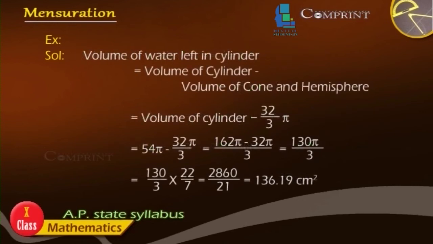Volume of water left in cylinder is equal to volume of cylinder minus volume of cone and hemisphere is equal to 54 pi minus 32 pi by 3 is equal to 162 pi minus 32 pi by 3 is equal to 130 pi by 3 is equal to 130 by 3 into 22 by 7 is equal to 2860 by 21 is equal to 136.19 centimeters cube.